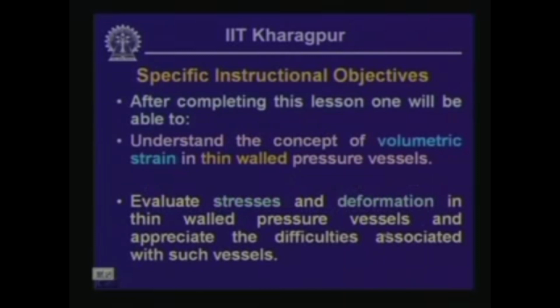It is expected that once one goes through this lesson, one should be able to understand the concept of volumetric strain in thin walled pressure vessels. In the previous lessons we had looked into cylindrical and spherical pressure vessels, and how the strains are generated when they are subjected to internal pressure.